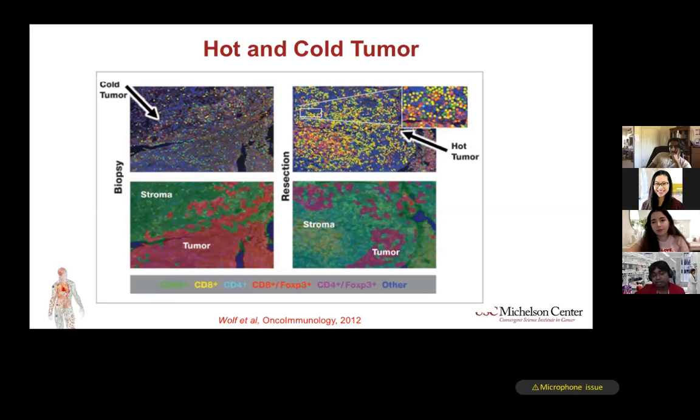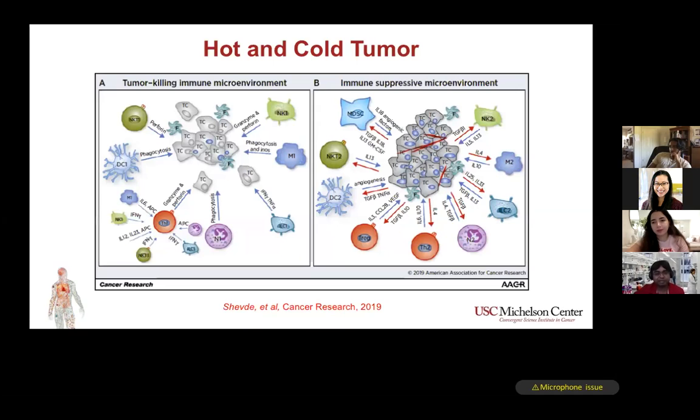We had some antibodies and a lot of technologies coming in, but there were still a lot of things yet to be done at that time. Now this is last year's paper, which Sonia also showed in a table, and you can see the difference between the tumor killing immune microenvironment and the immune suppressor microenvironment.